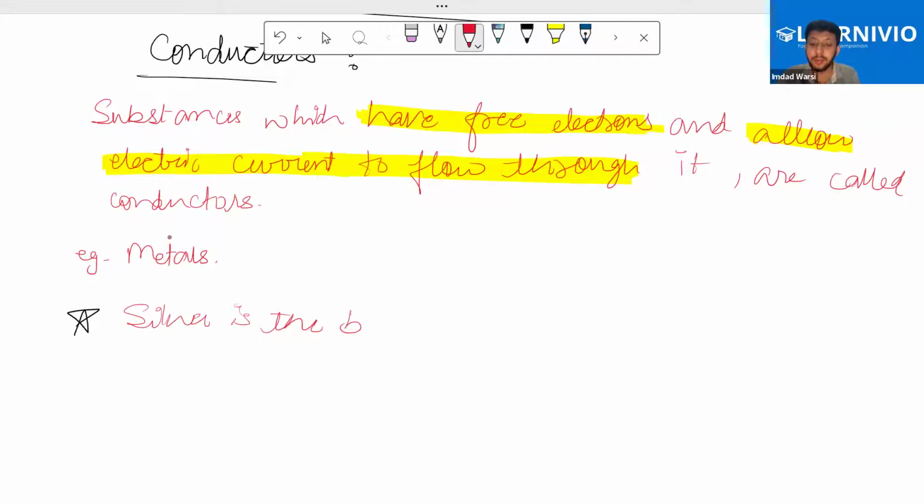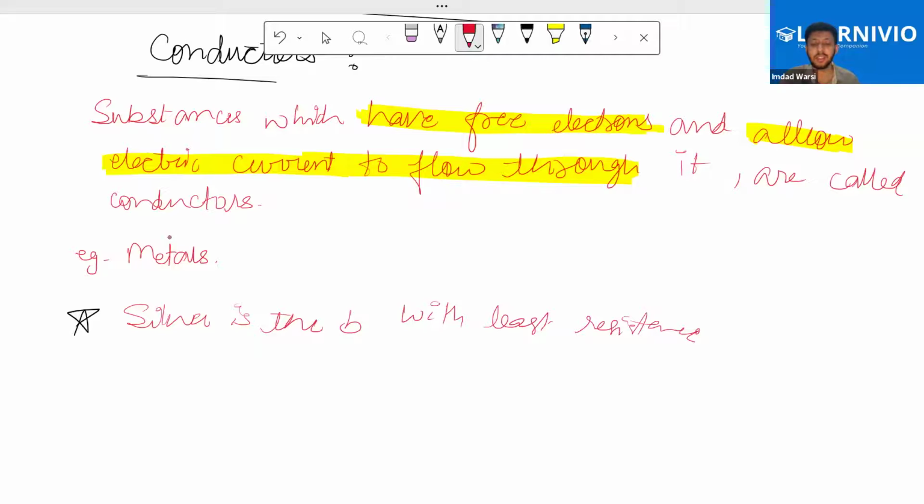Because its atomic structure allows for highly mobile electrons to flow with least resistance.